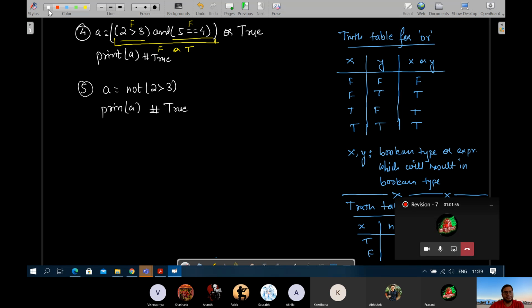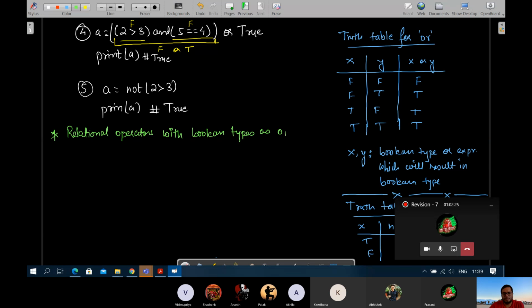So what we will do is relational operators with Boolean types as operands. ठीक है, normal तो we have seen.